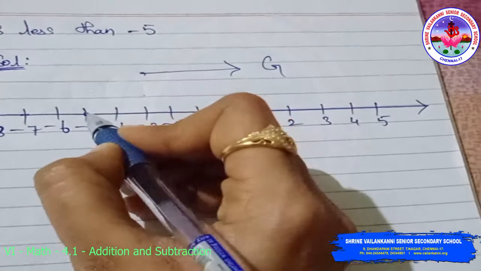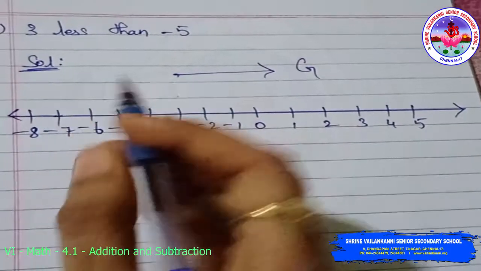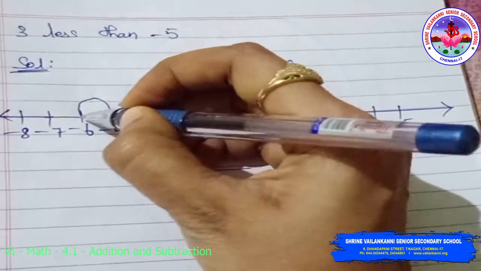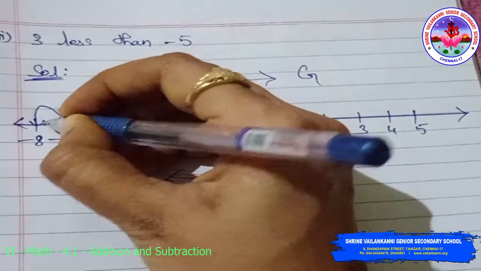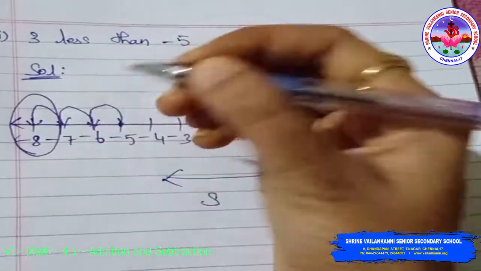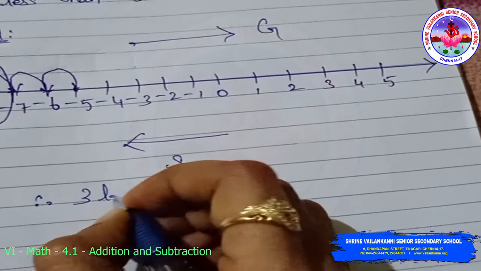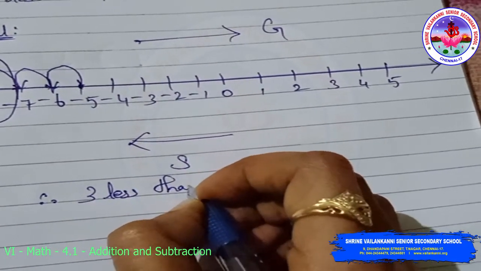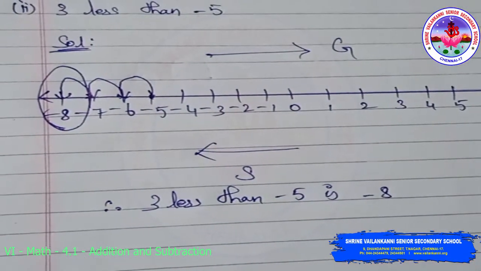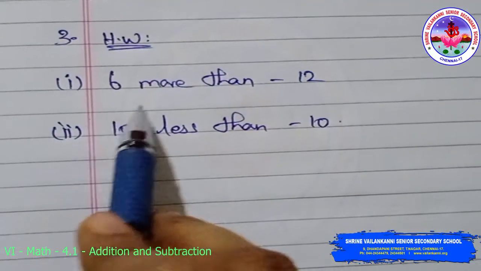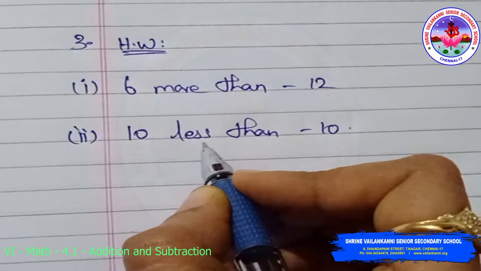So for less than, move to the left side: 1, 2, 3. The value is negative 8. Therefore 3 less than negative 5 is negative 8. Third question, homework sum. The first one is 6 more than negative 12. The second one is 10 less than negative 10.